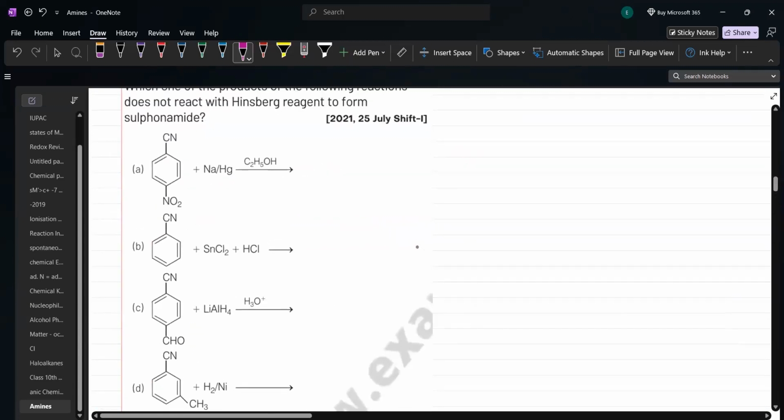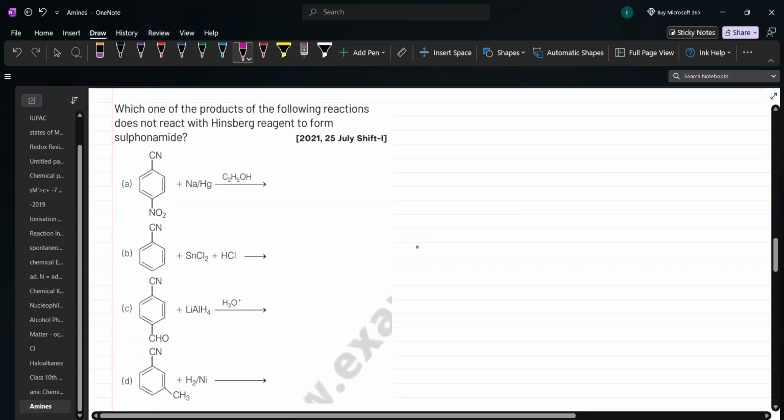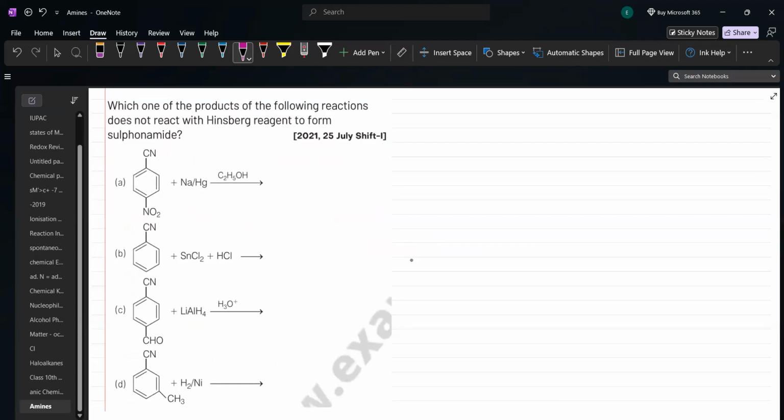See, there are lots of questions through Hinsberg. I have collected them so that you can get a full understanding of this type of question. This is one level above.